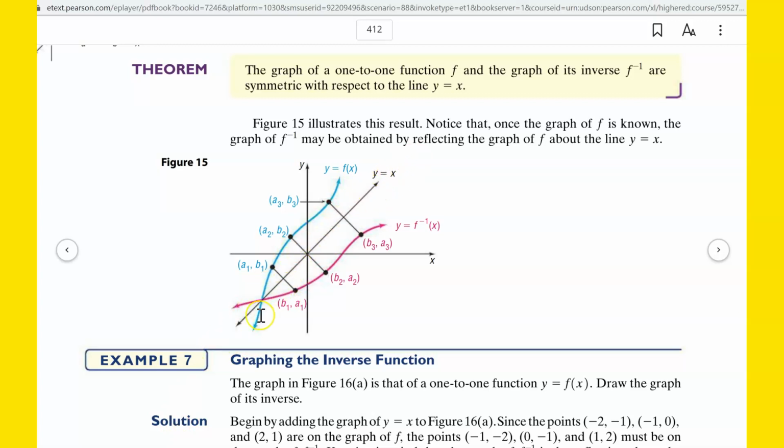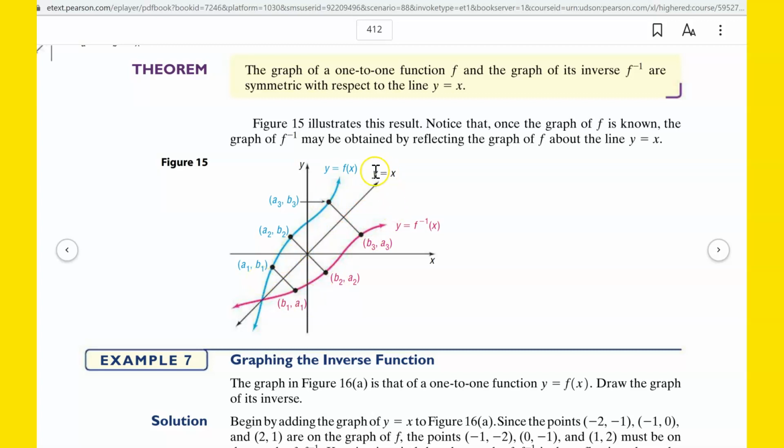Okay, so this is the line y equals x. So a function and its inverse will always be symmetrical about that line. It means if you fold the piece of paper or whatever along that line, the inverse of a function and the function will fold onto each other perfectly.